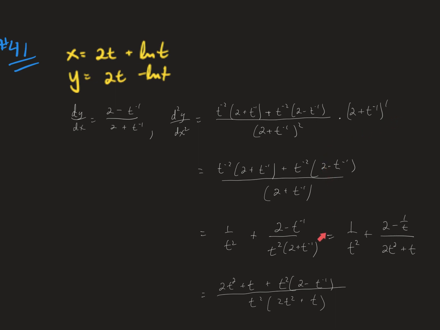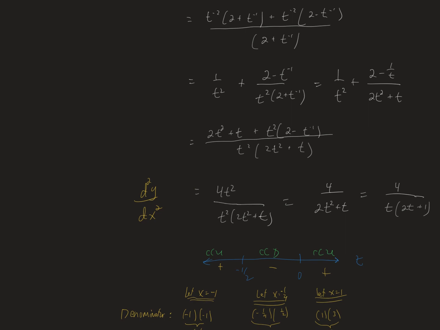And then that simplifies all the way down to this expression, where the numerator is just 4 and the denominator is this. And basically the sign of the second derivative is dependent only on the denominator, whenever the denominator is positive, and we get the same results as before.